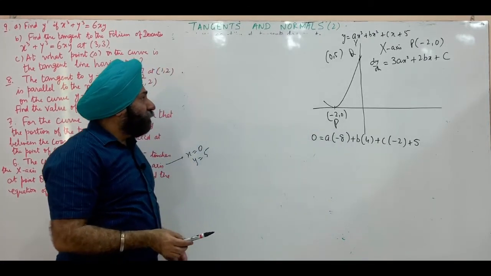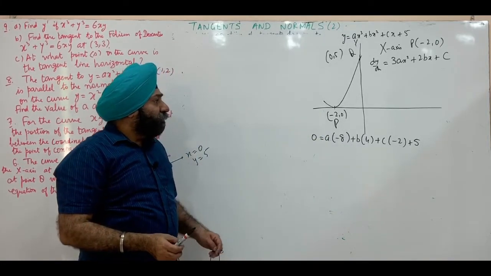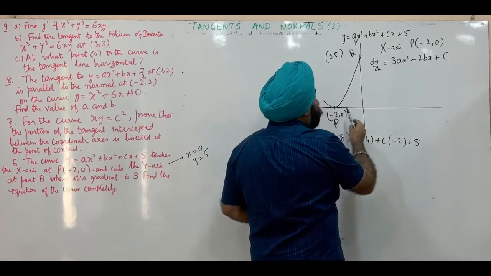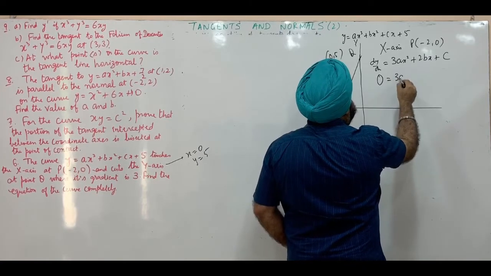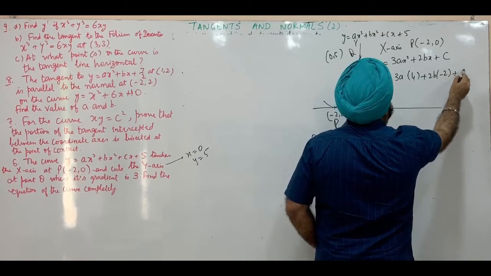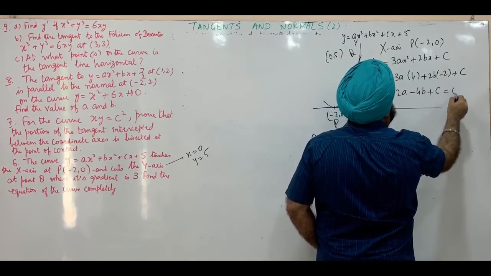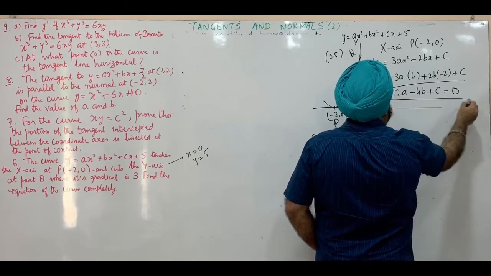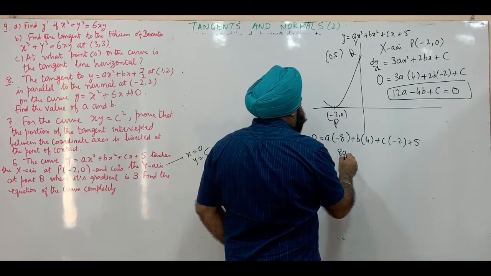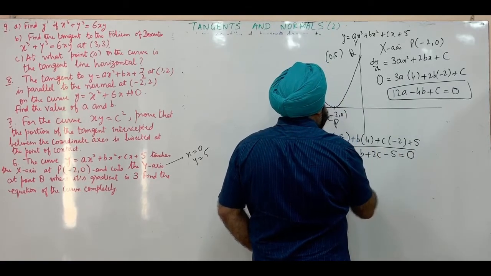This is because the x-axis is tangent here, and the slope of the tangent is given by dy by dx, and it's 0 for this point, where x is minus 2. This gives 12a minus 4b plus c equal to 0. This is one equation in a, b and c. This is another: 8a minus 4b plus 2c minus 5 equal to 0. This is the second equation.